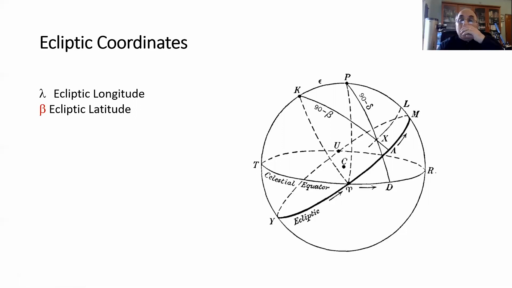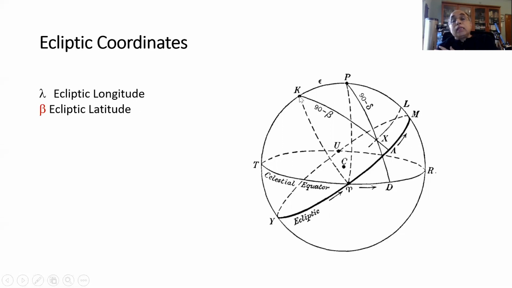We use this plane as a reference plane, and exactly as we had defined declination or altitude, we measure the angle from the ecliptic plane, which gives you the ecliptic latitude. And from the first point of Aries, the vernal equinox, we measure the angle.